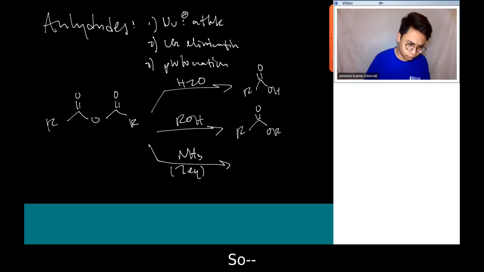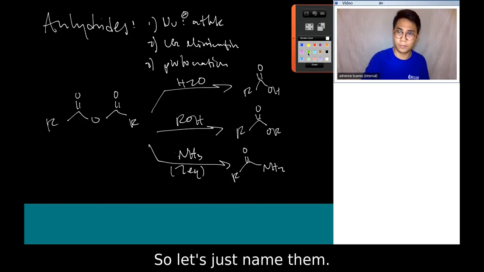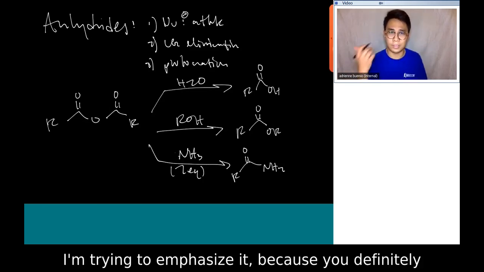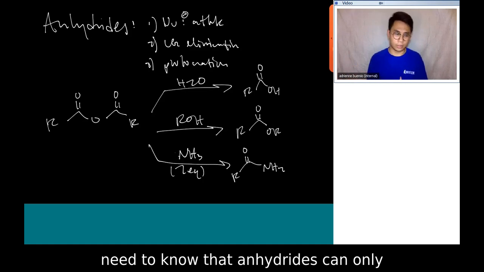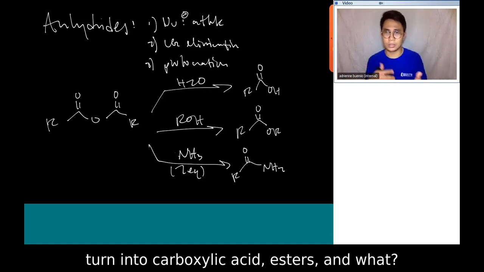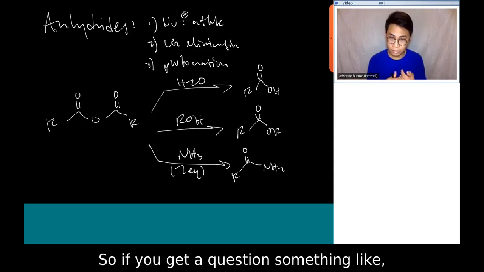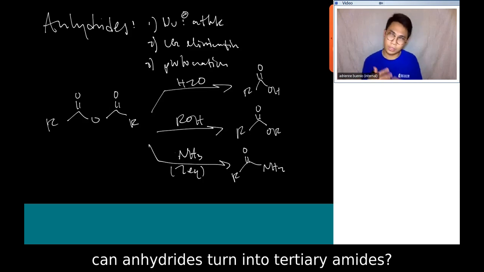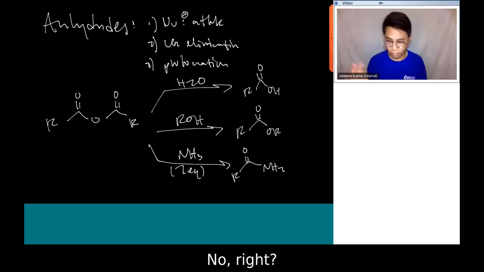So, okay, let's just name them. I'm trying to emphasize it because you definitely need to know that anhydrides can only turn into carboxylic acid, esters, and what? A primary amide. So if you get a question something like, can anhydrides turn into tertiary amides? No, right?